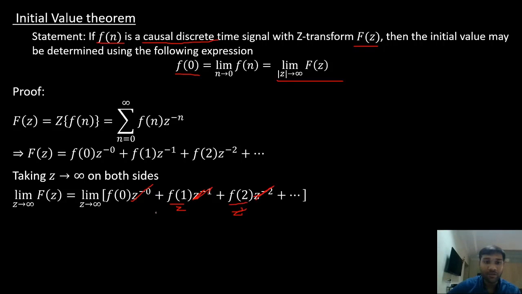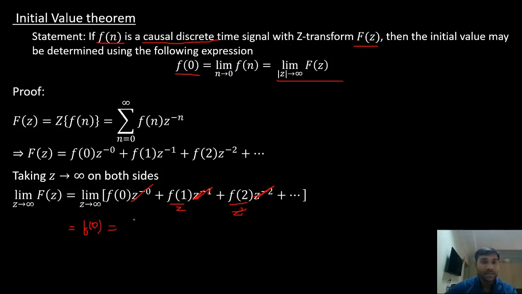If z tends to infinity, 1 by z becomes 0. So all these terms will become 0 and I am only left with F of 0.